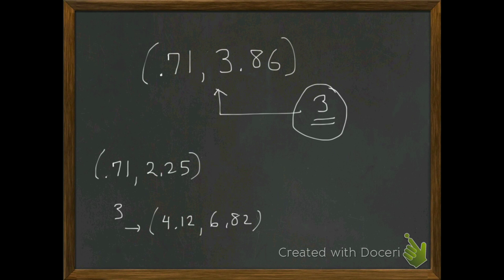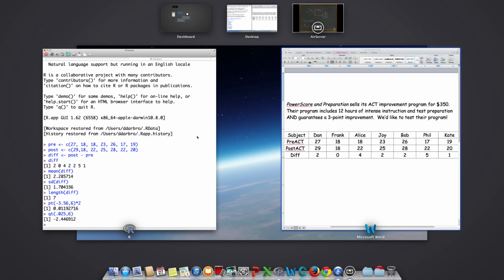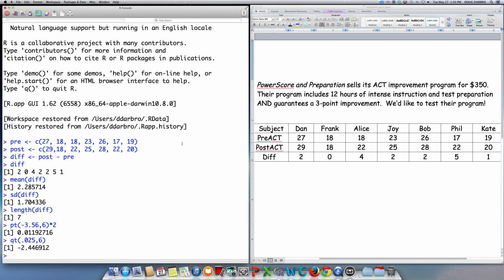So they would be kind of shortchanging themselves in that the program is actually working more effectively than they're giving themselves credit. Well, guys, these things are really, really super easy to do on R.